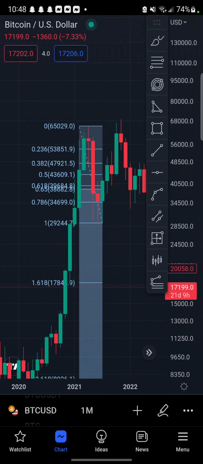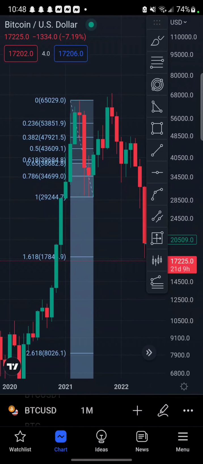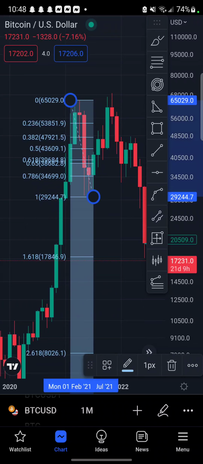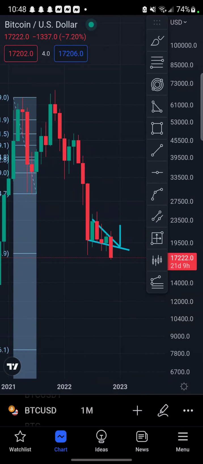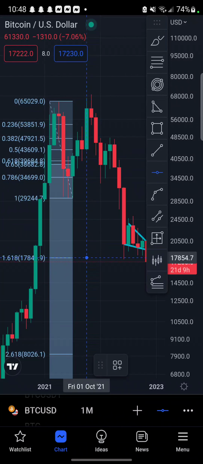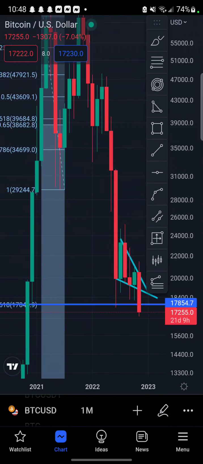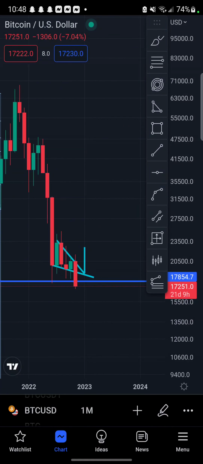Now this downside target, I had a downside target of $17,846, give or take, somewhere around there. Mark this horizontal line, and as you see, we are currently around that target.